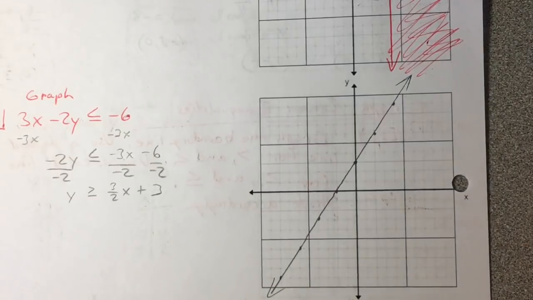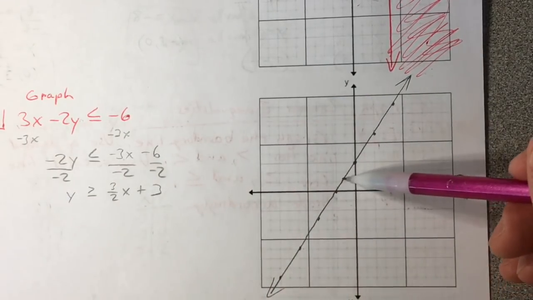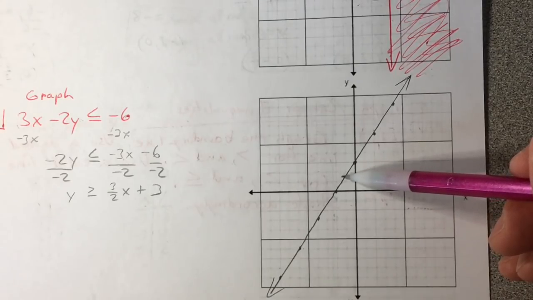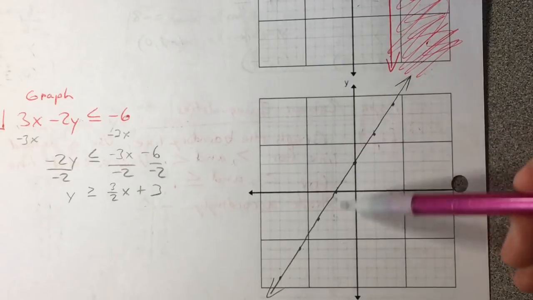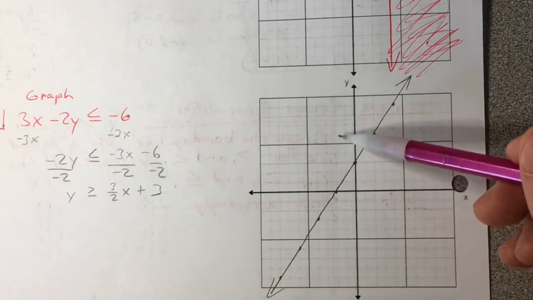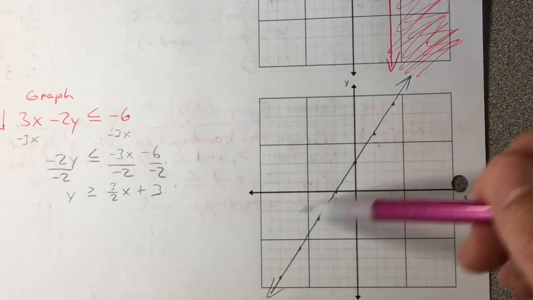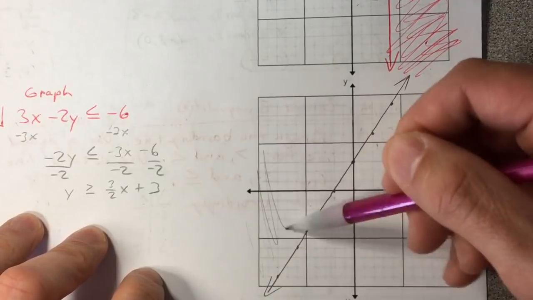And I think I can still make sense of this because y is by itself. Which side of the line is going to be the greater than y? Are the y values greater this way, or are the y values greater this way? Well, y values are up versus down, so I'm going to shade the side where y is greater than.